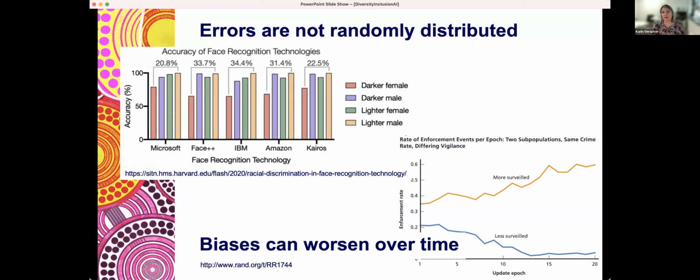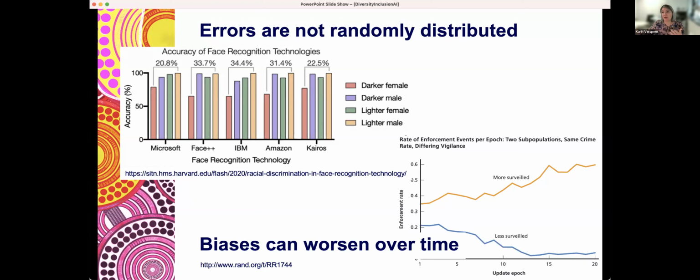This on the right here is a simulation of the use of a tool to try to identify crime. And this was about surveillance. Essentially the tool started surveilling different groups slightly differently. And that, of course, brought more attention to the surveillance of the worst group, where there was more crime. And over time, that meant more surveillance and more surveillance.